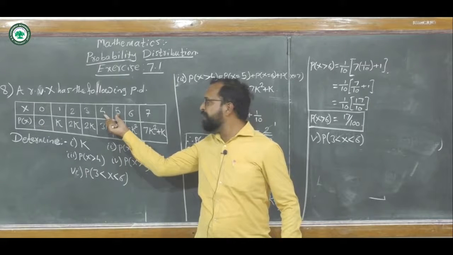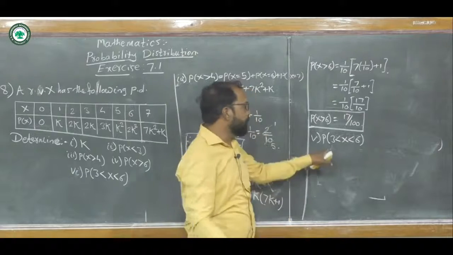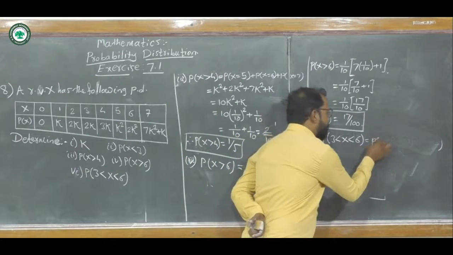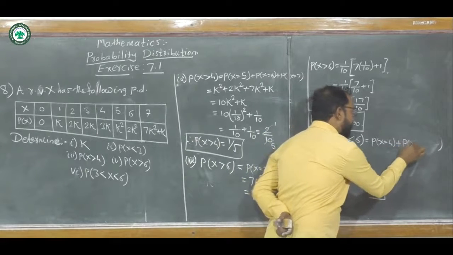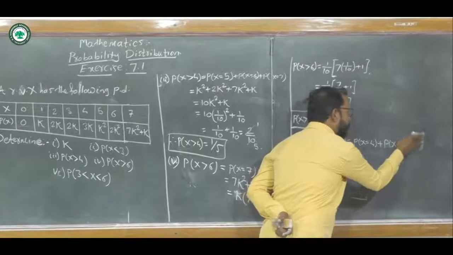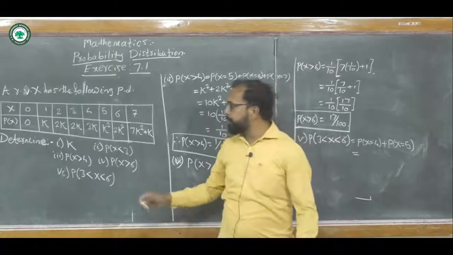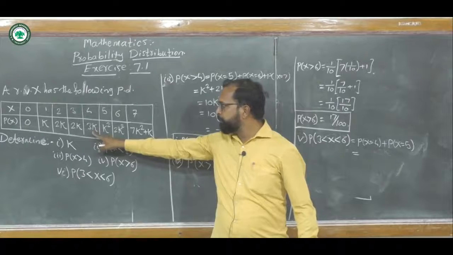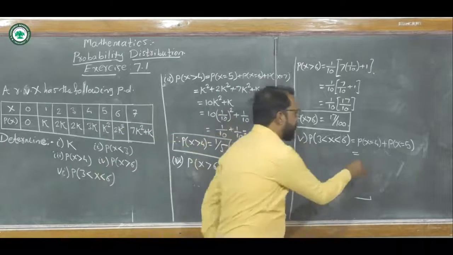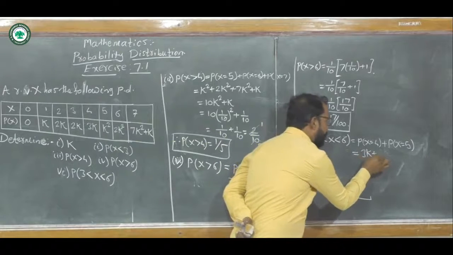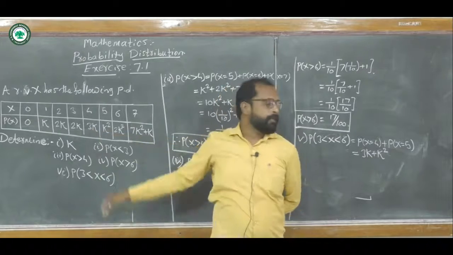So this equals the probability of x equals 4 plus the probability of x equals 5. Now from the table, putting these values, the probability for x equals 4 is 3k, and for x equals 5 it is k square. So it becomes 3k plus k square.